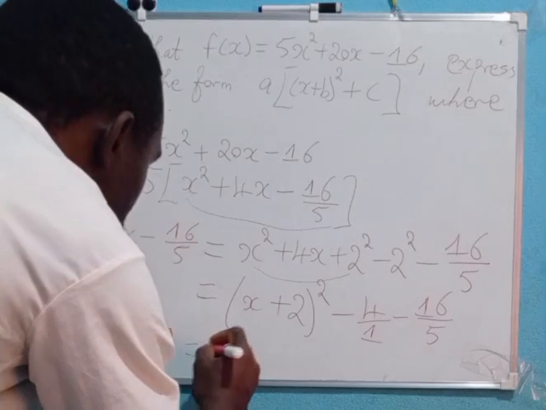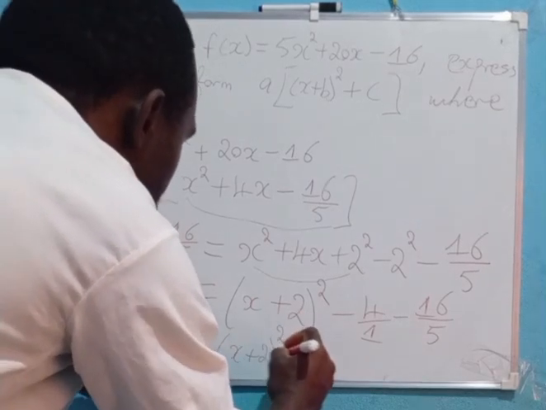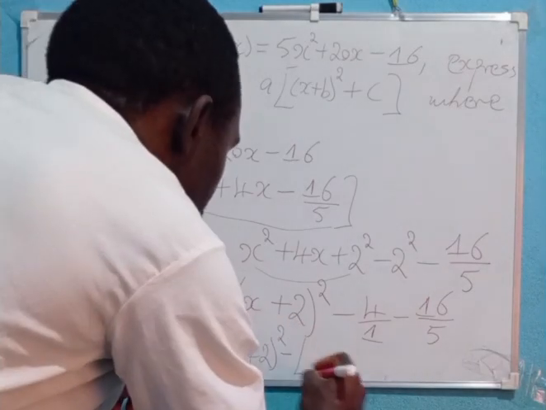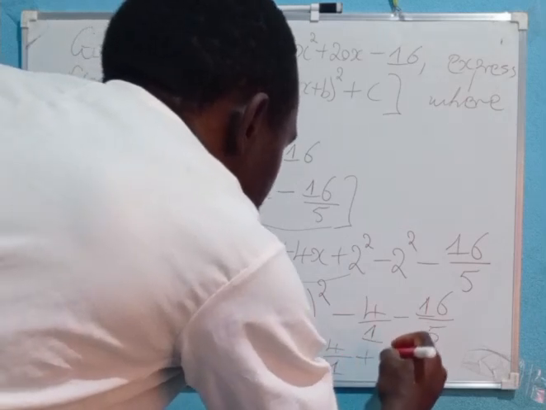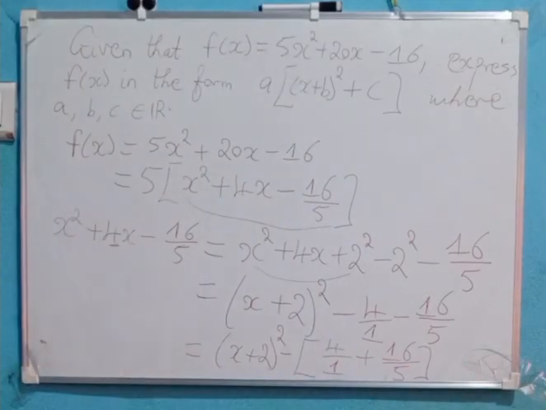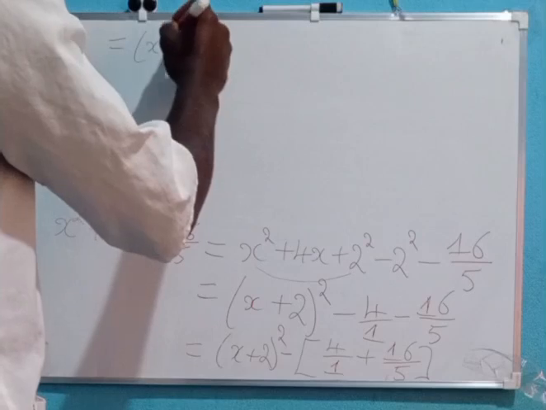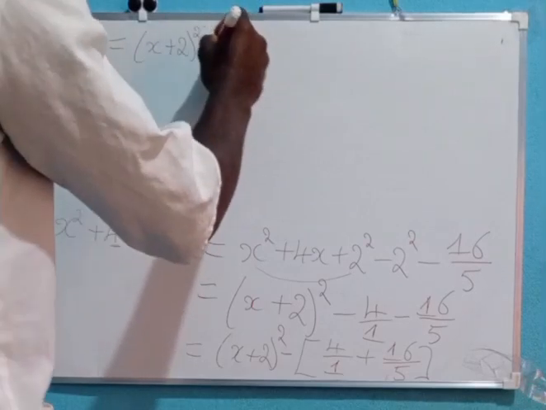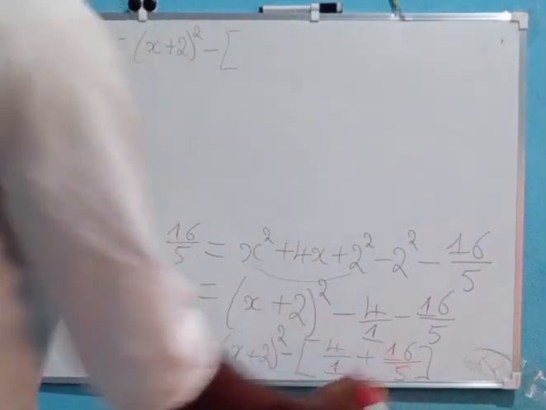This will simply be equal to (x plus 2) all this squared minus, we are going to factor the negative sign. We take 4 over 1 plus 16 over 5.